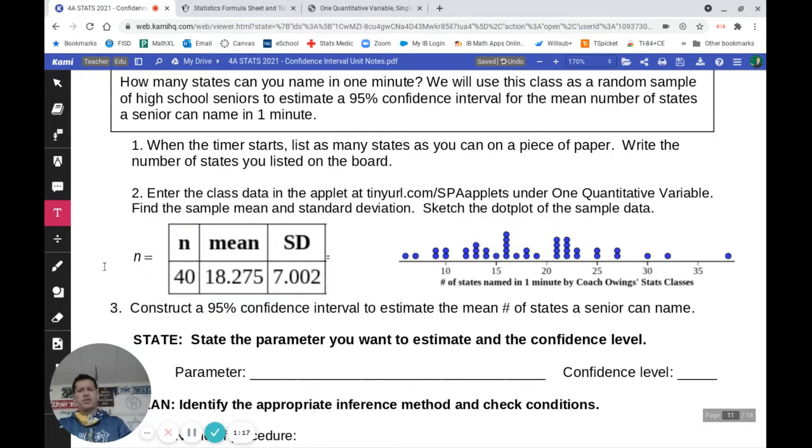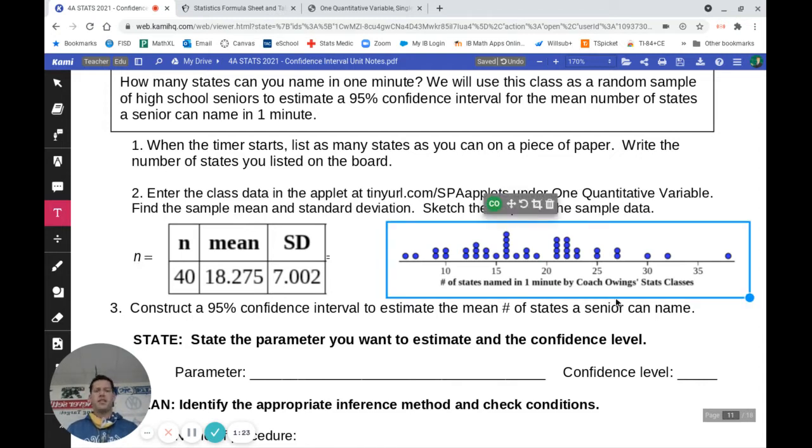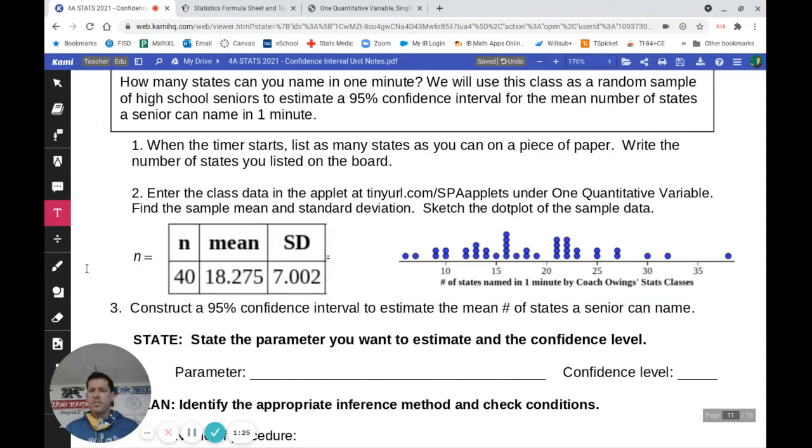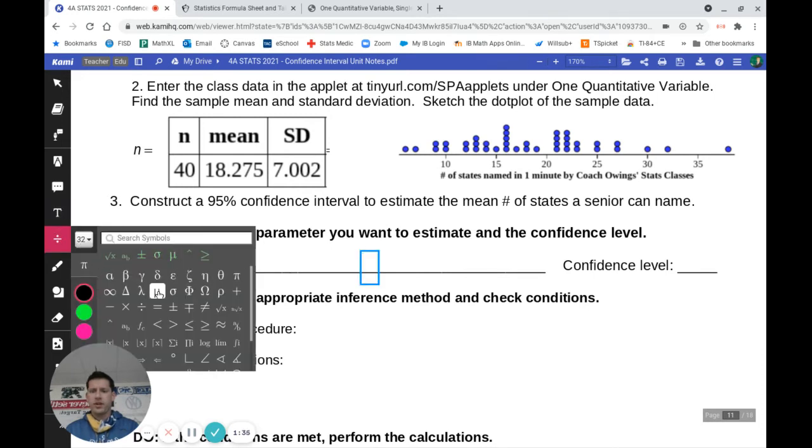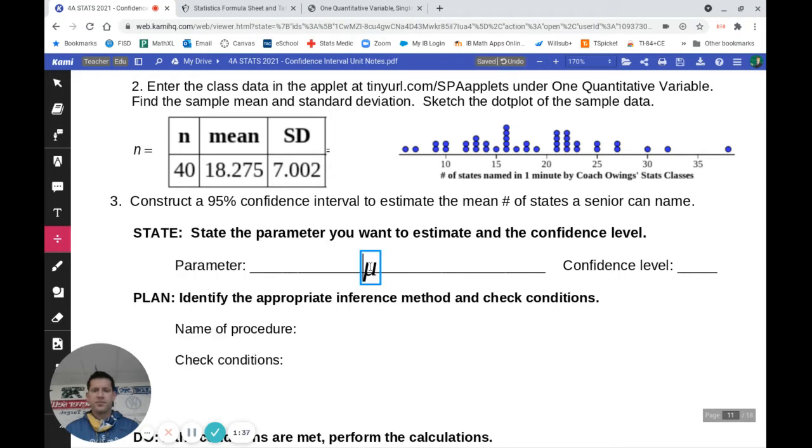And now I want to construct a 95% confidence interval to estimate the mean number of states any senior can name. So first we're going to state what we're doing. We're going to state our parameter. Our parameter is going to be mu. So I have to go to my equation editor here and get mu.